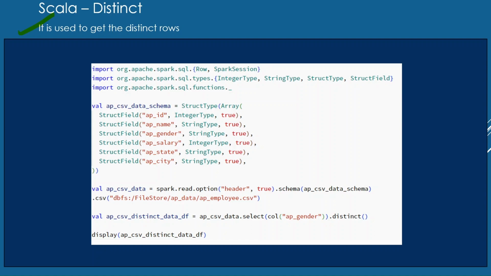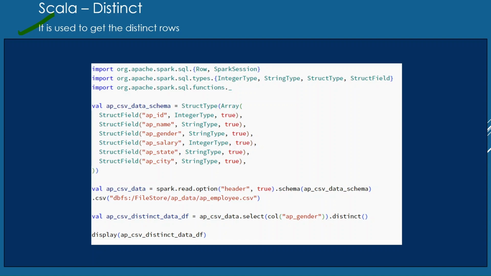How are we going to do that? With the help of the distinct function, we can apply it over that particular column and it will give all the unique values present in that column.